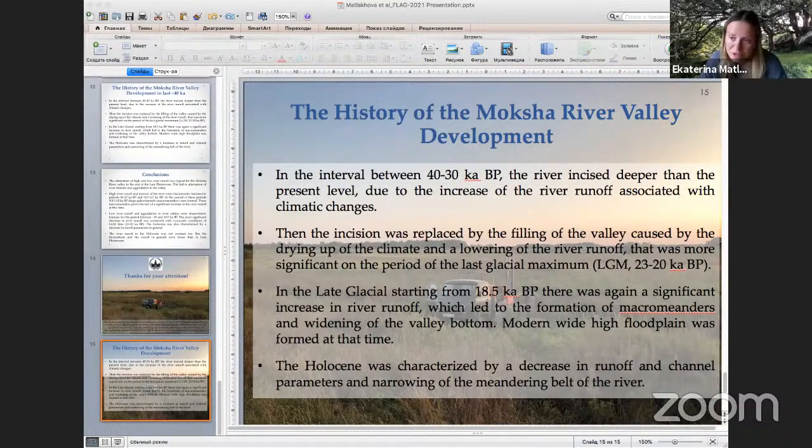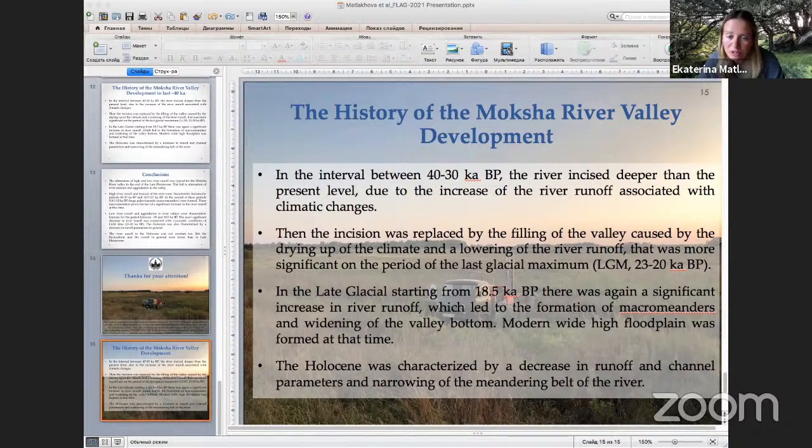We don't have evidences of the braided channel in our region. And it is not our first study in this region. Of course, we had many key sites in Don River Basin, and we haven't found any evidences of the braided channel at this time.